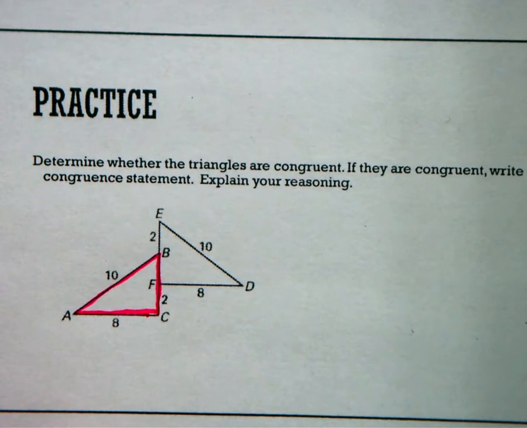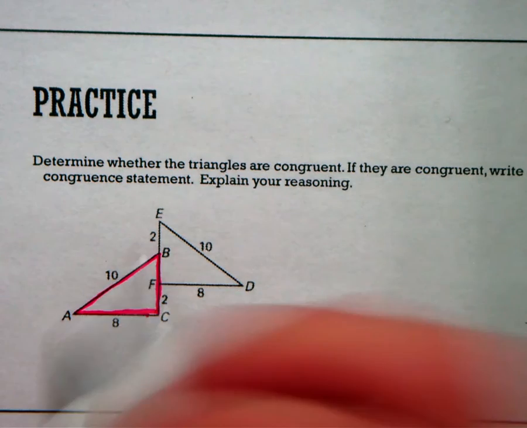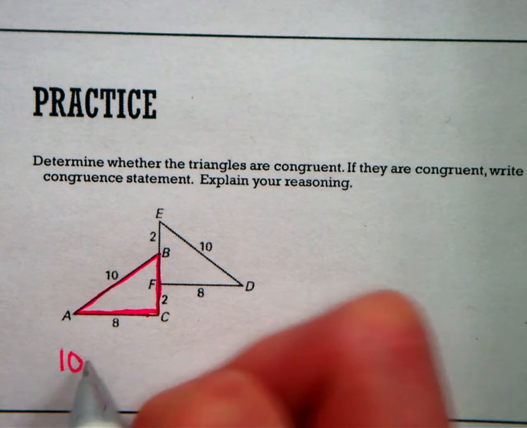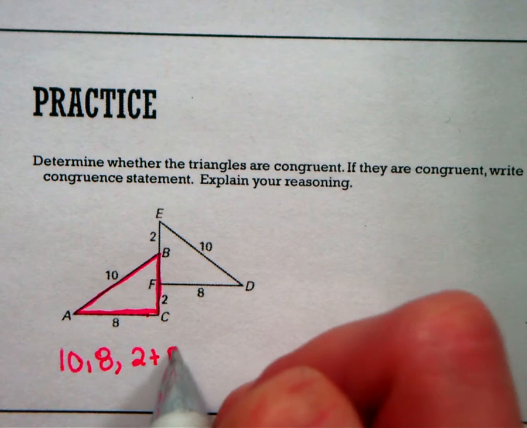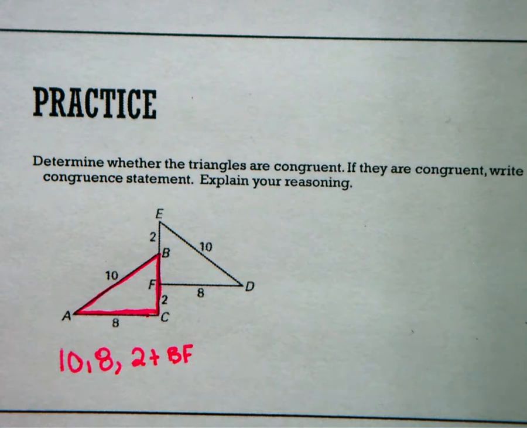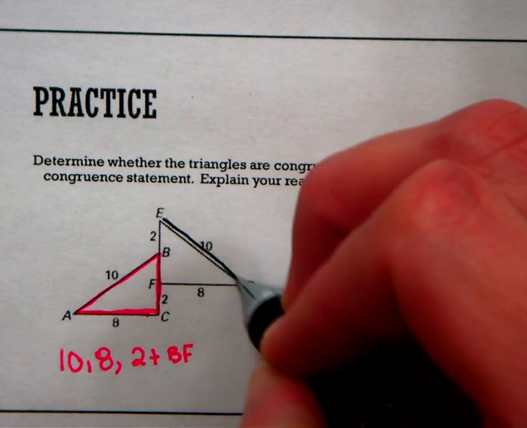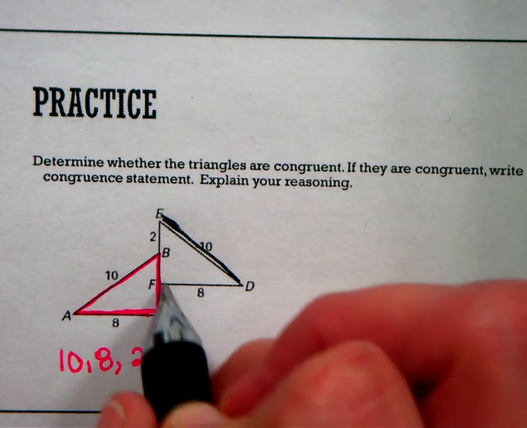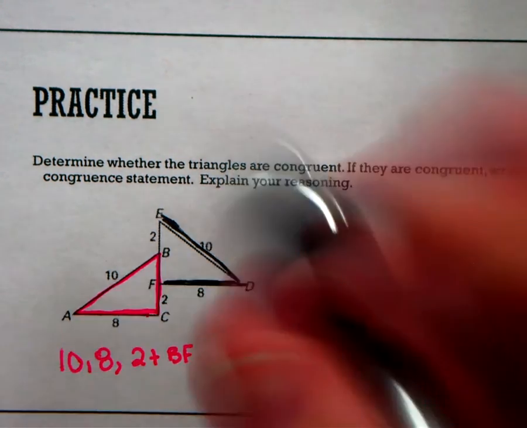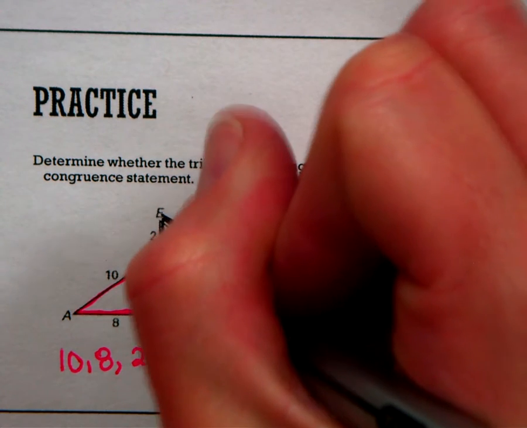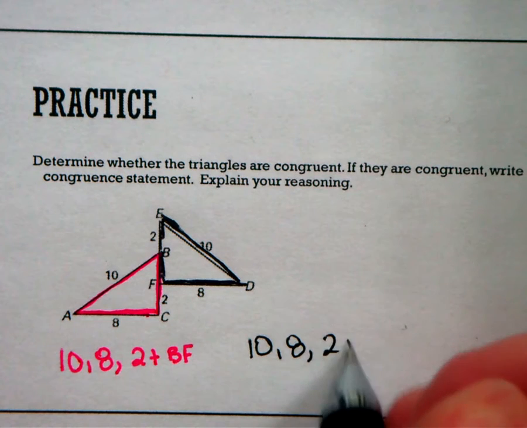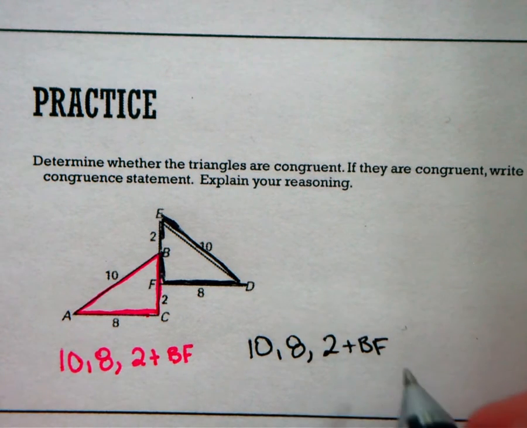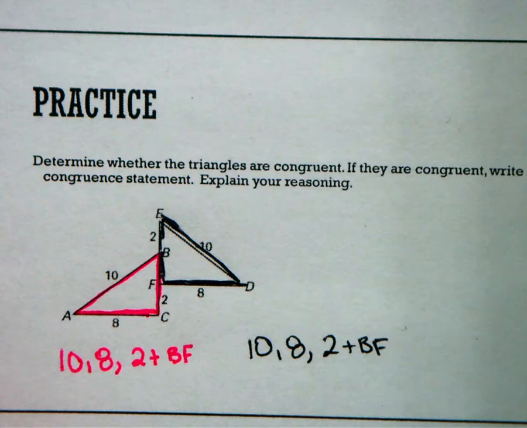Okay, so my side lengths here for this one are 10, 8, and 2 plus whatever BF is. That's my first triangle. My second triangle has side lengths 10, 8, and it also has 2 plus BF. So 10, 8, and 2 plus BF. So those are the same lengths. So those are the same by side, side, side.